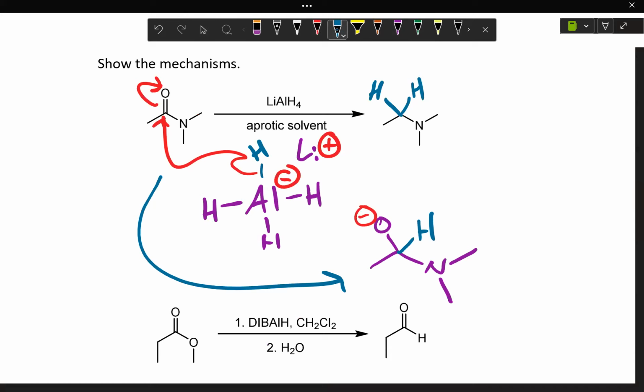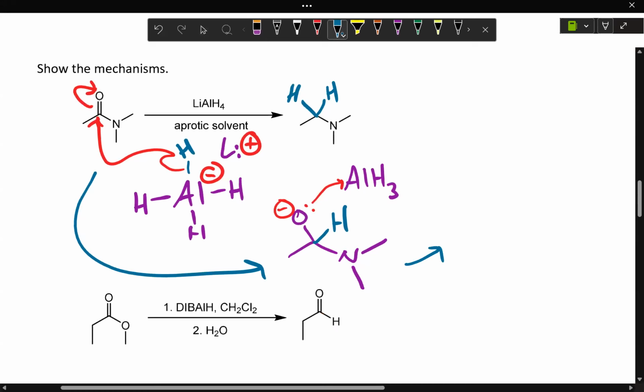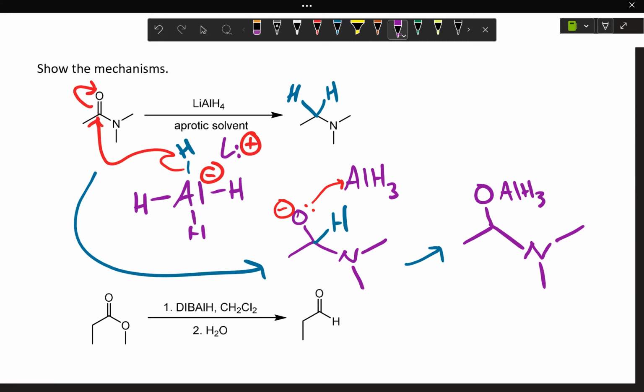So now we have 1 hydrogen added on. And now the next step is we need that oxygen to attack the aluminum hydride that just lost a hydrogen. It's going to attack it. And then next, we get this. Let me write it on the side. That aluminum has a negative charge, and we still have that hydrogen that we added on.